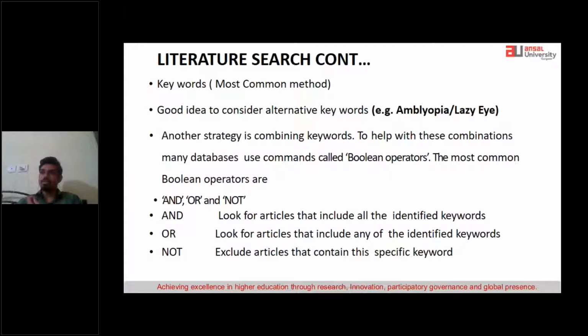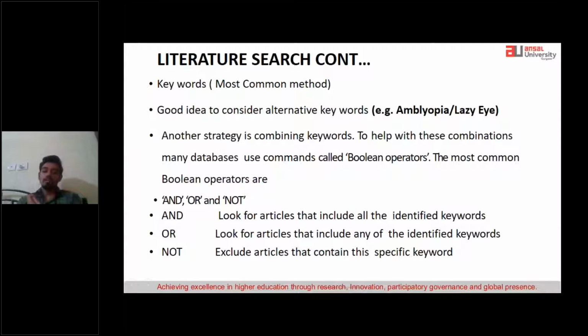You can go to your search box, type amblyopia, and press enter. You will get research related to amblyopia. But sometimes we can use more than one keyword. For example, amblyopia as well as Indian population, if you want to look into amblyopia in the Indian population. Your one keyword is amblyopia, another keyword is Indian population. So you can use multiple keywords for searching your literature.